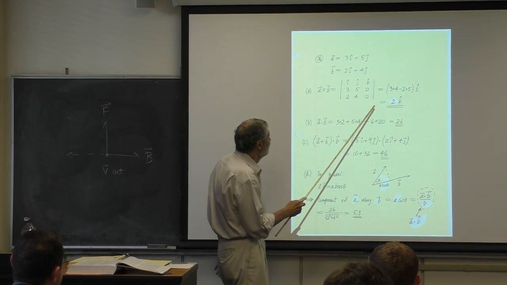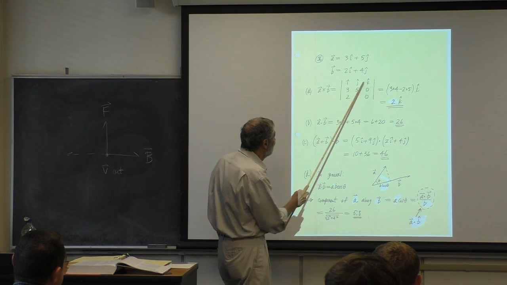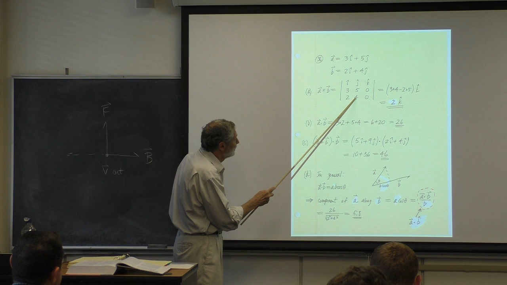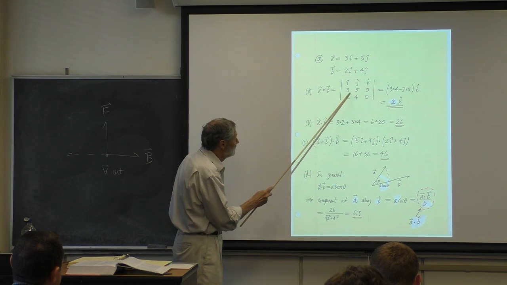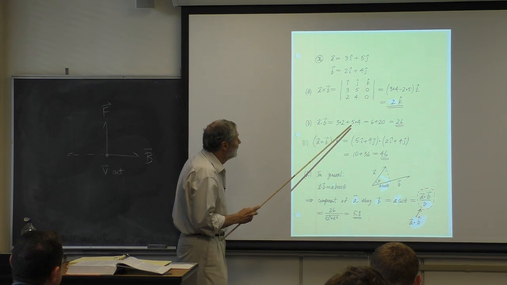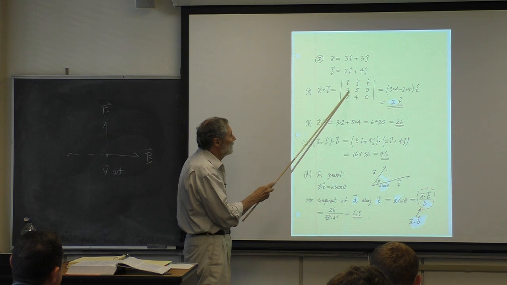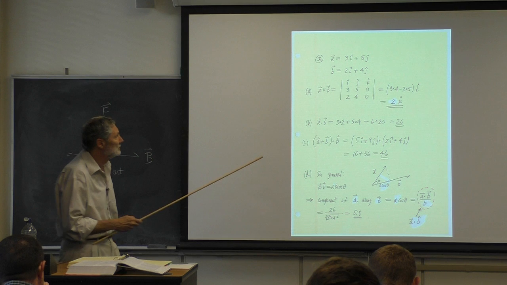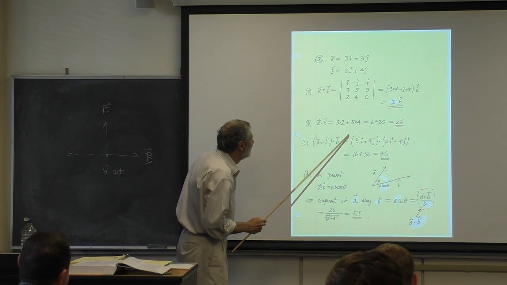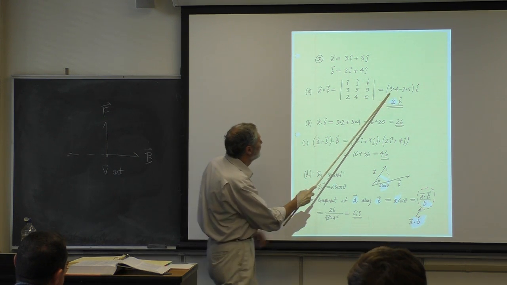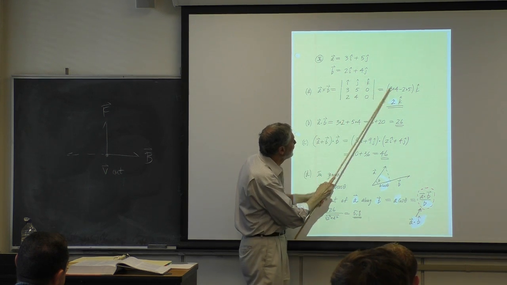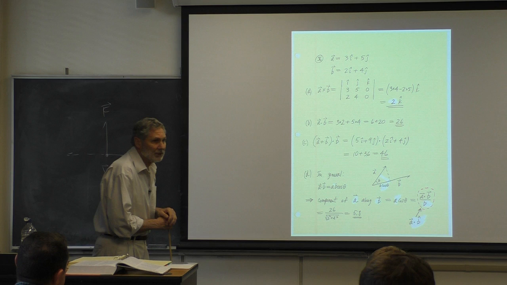We only get a non-zero value in the k direction, and it's this subdeterminant here, which is 3 times 4 minus 2 times 5. It's the product of this minus the product of that. That's the way it works with determinants. So you can see here's the 3 times 4 minus the 2 times 5. So we get 2 in the k direction.